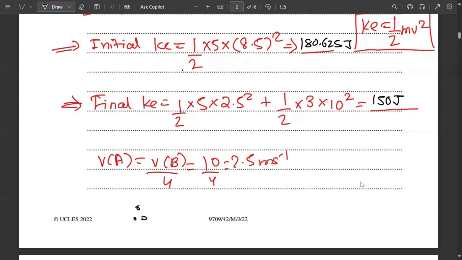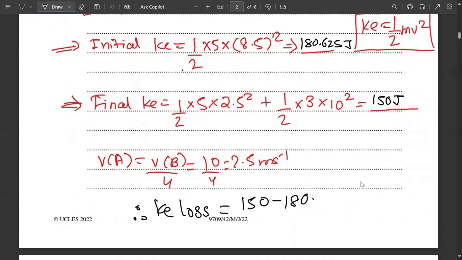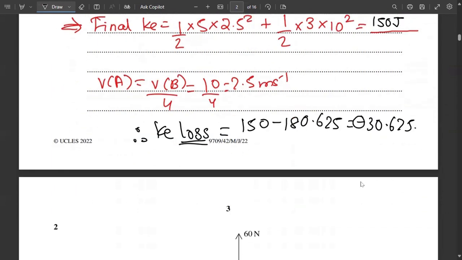So the loss in kinetic energy will be equal to 150 minus 180.625. So the answer is minus 30.625. And because they have asked for loss, negative means nothing but loss. So the final answer for the loss of kinetic energy will be 30.625 joule. And that's how we end this question.